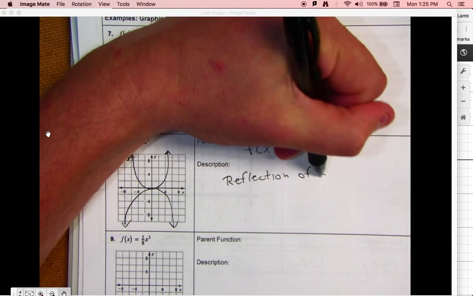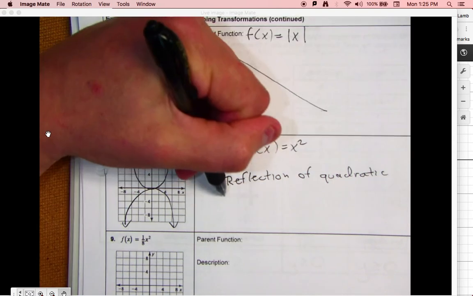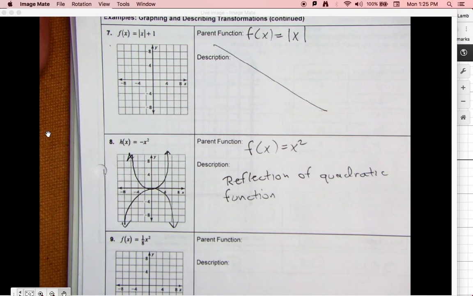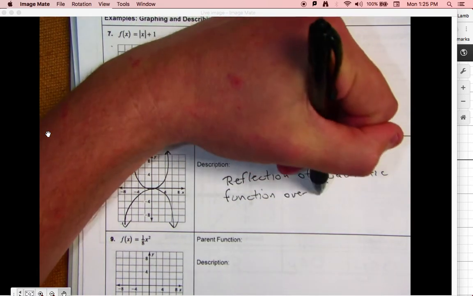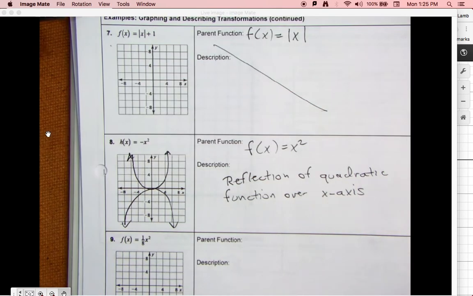The quadratic function. And what are we reflecting it over? Over the x-axis. That's the idea of reflections. Key thing, usually the negative does something to reflect it.